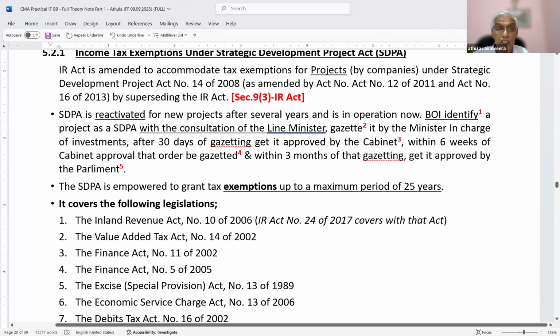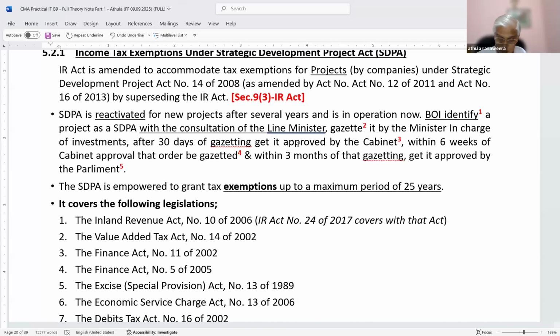Then after 30 days of that gazetting, put that into the cabinet and get it approved. As you know, in our cabinet, previously, even now, maybe people are not much evaluating these things. When that particular party puts something into the cabinet, normally they approve it.